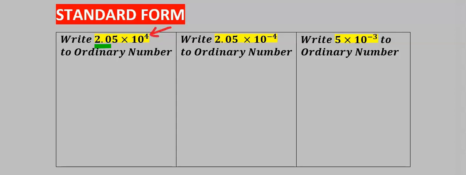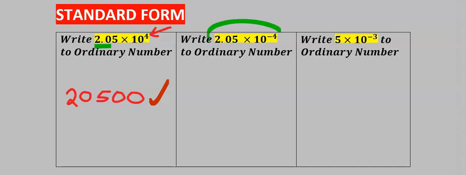This is simply saying that after these 2, there are 4 digits, and we can clearly see 0 and 5. To make it 4, we're going to need 2 more zeros. The decimal is now gone, and this is our answer. Remember, this 4 is positive, which symbolizes a very large number.